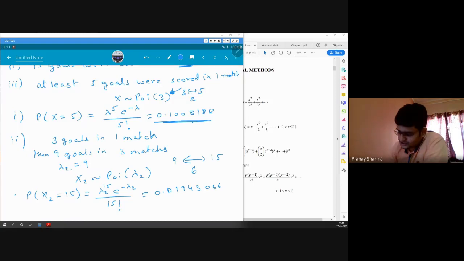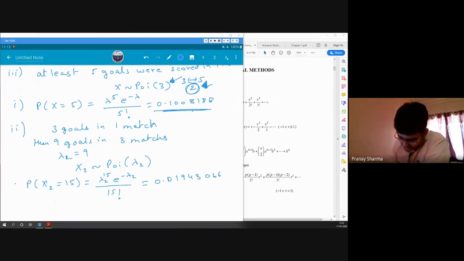In 3 matches, scoring an extra 6 goals is much more unlikely than scoring an extra 2 goals in one single match. Because sometimes that might happen, but every time that may not happen, right? One time it is possible that in a particular match we score 5 goals, but in every match scoring around 5 goals becomes more and more difficult. So if I say 30 matches, the probability of getting 150 goals will be much smaller.